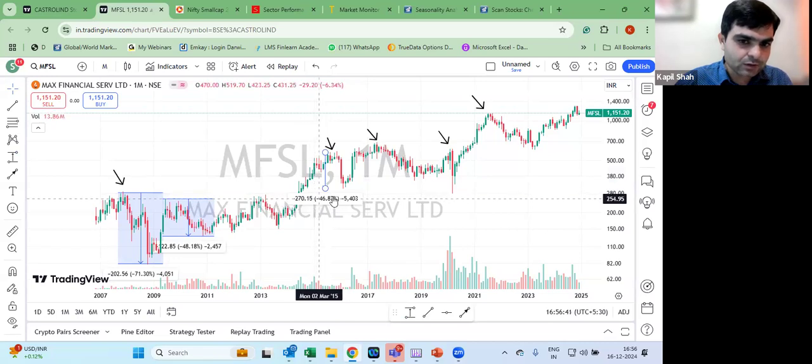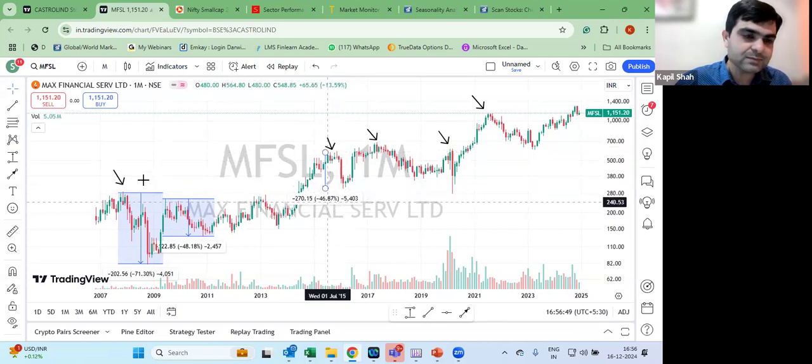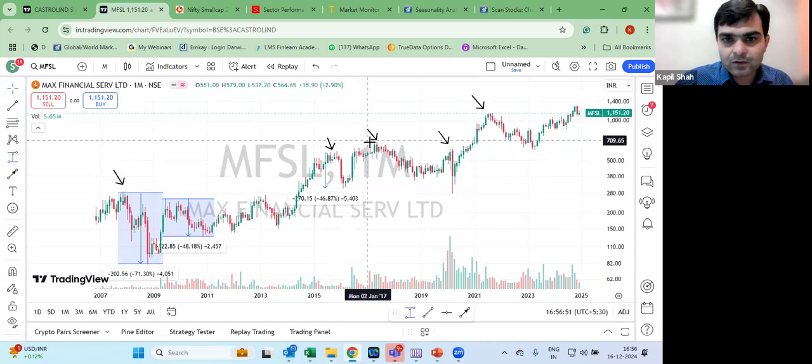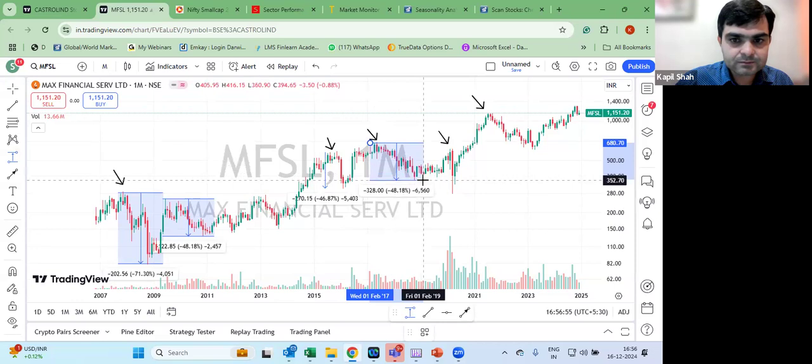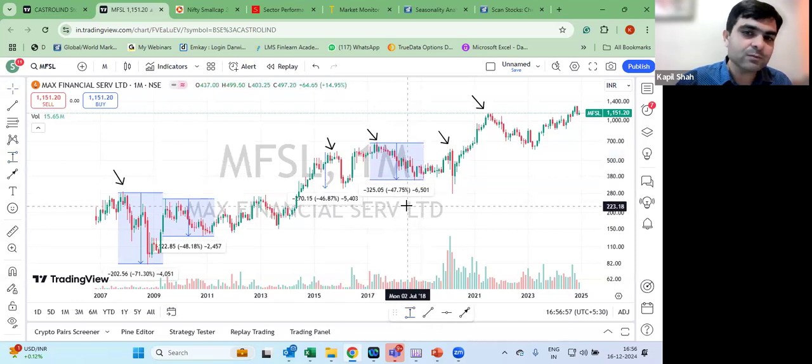Here you need to pay attention to the value in brackets. In the bracket, it shows that from this top to this bottom, the stock has fallen by 46%. Now the price has come down over here, so this is a 47% kind of correction.